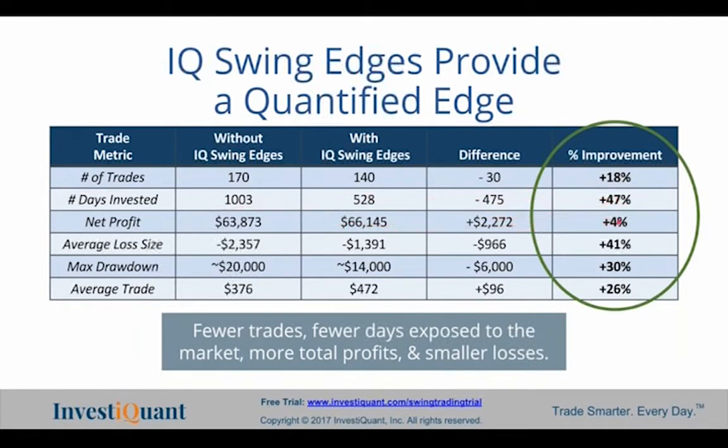Net profits are just slightly higher once you add in the filter, but again, you've got less exposure. Your average size loss is lower. The max drawdown went from about 20,000 to about 14,000, so that's a 30% improvement there. And your average trade went up about 26%. So fewer days exposed, more profits and smaller losses.